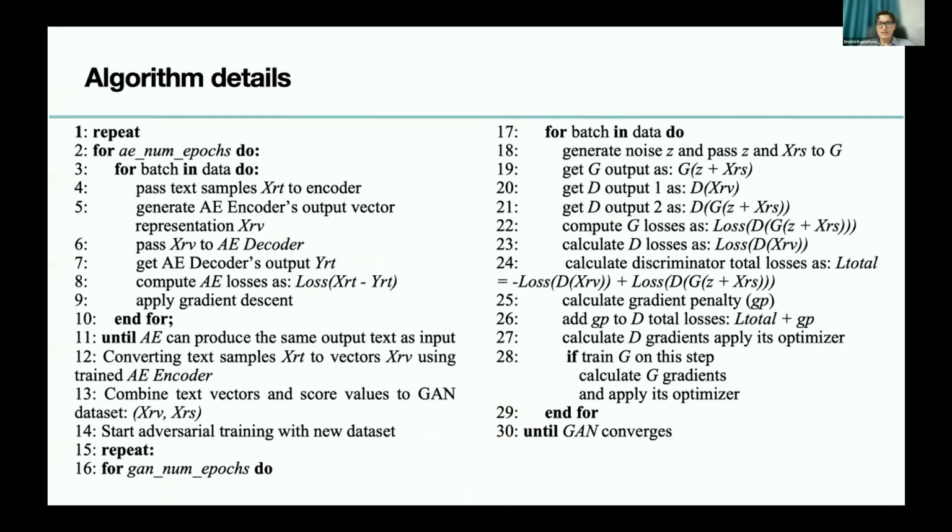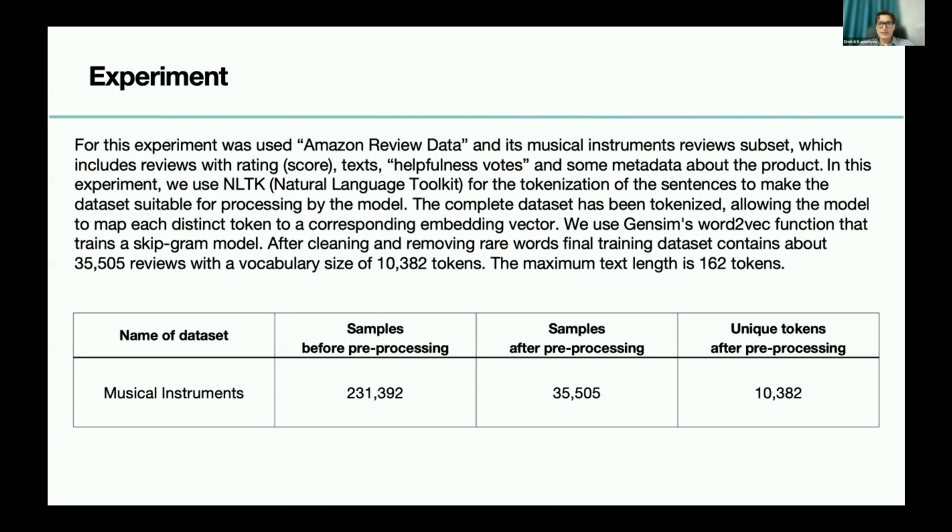These are the algorithm details, with the formulation and steps, but I would like to move to the next slide. In this experiment, the Amazon Review dataset was used, its musical instrument subset, which consists of 200,031 samples.